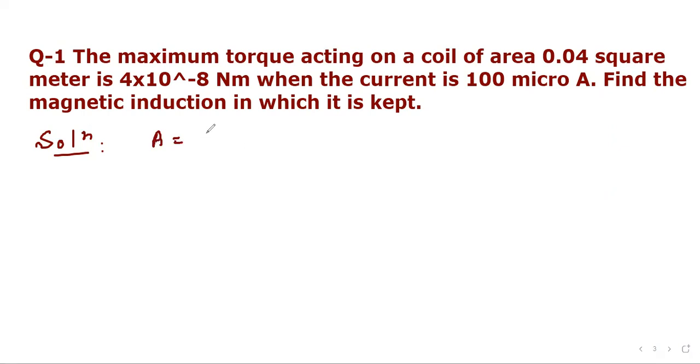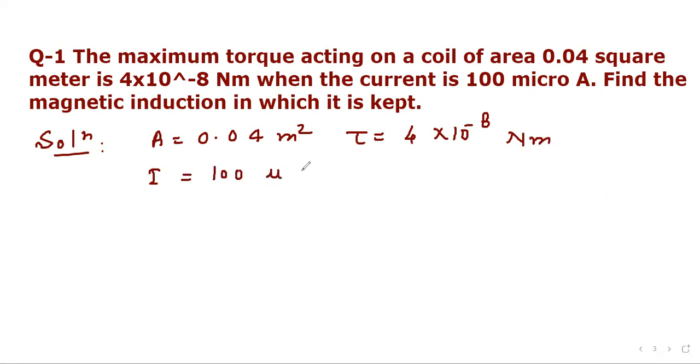Area equal to 0.04 meter square, and torque is given as 4 into 10 to the power minus 8 Newton meter. Current is given as 100 microampere, or 100 multiplied by 10 power minus 6 ampere. So we have to find out B.